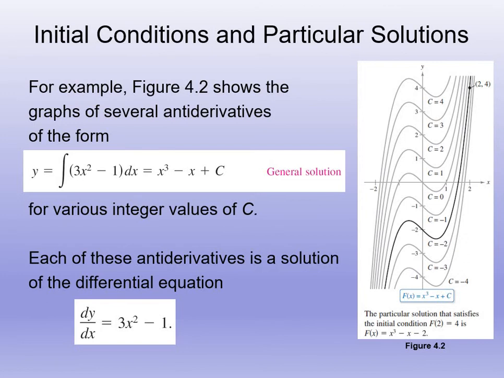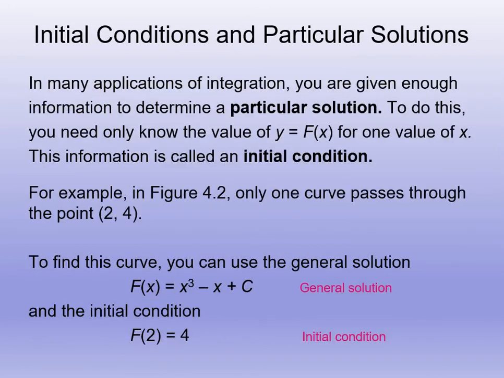So that helps us find what the value of c is. So then I would have 4 is equal to 2 cubed minus 2 plus c. So when I solve all that out, c ends up being negative 2. So I get the function f of x equals x cubed minus x minus 2. Because we used initial conditions to solve for that.